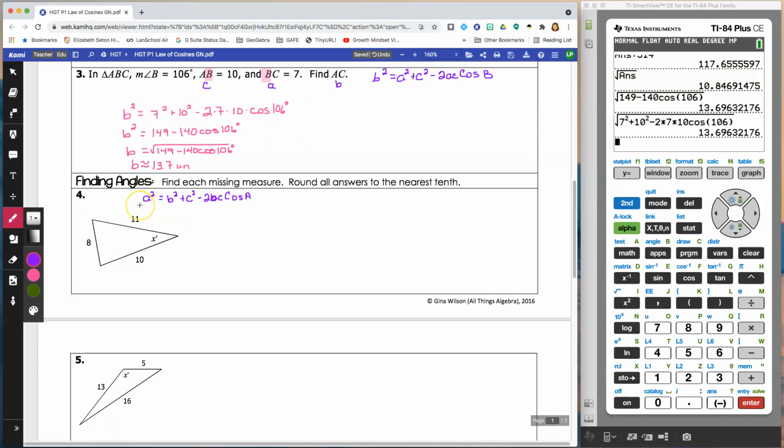Now, I can still use this to find A, okay?